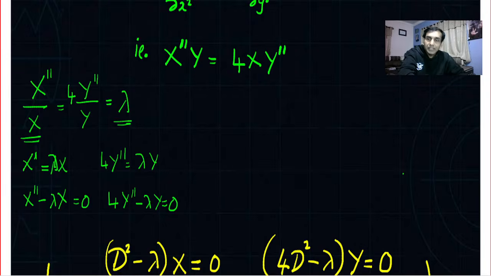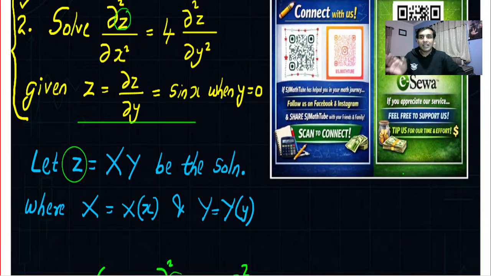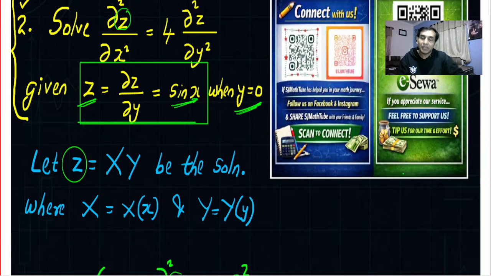Now, in this particular question, this is something very important, note it down. By looking at the boundary value, can you see it's clearly given when y equal to 0, the function will be trigonometric. When y equal to 0, the derivative will be trigonometric.